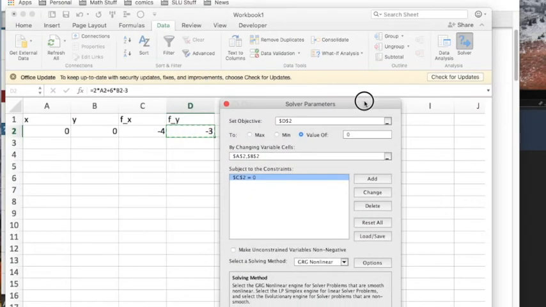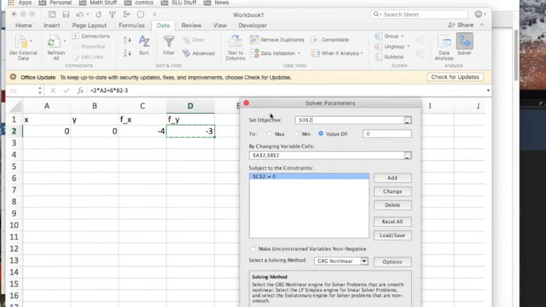We already have it filled in because I tried this in advance. I'd like to change D2, I want to make it a value of 0. I'm going to have two inputs, A2 and B2, subject to the constraint that C2 has to be 0. So I've put all of those in.